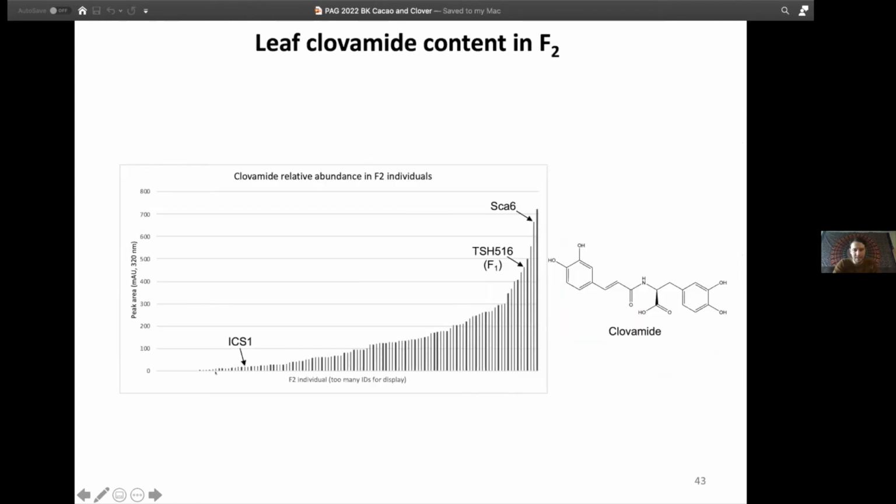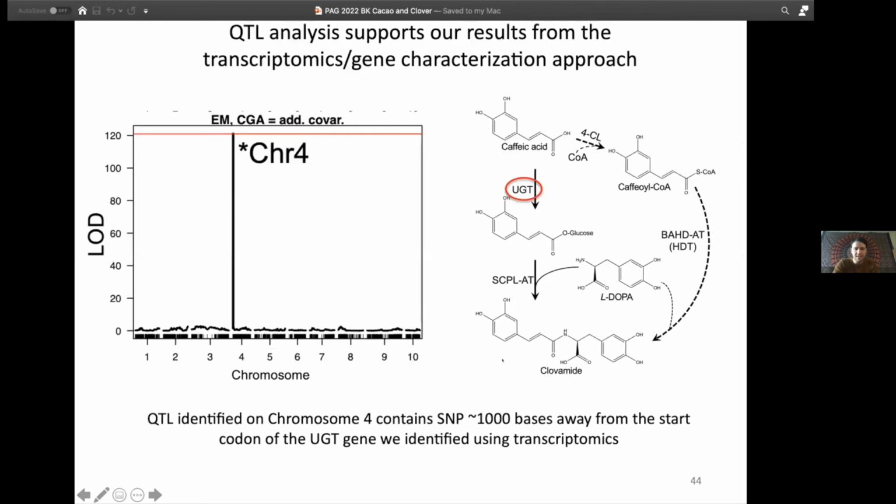And I did that. Here you can see the clovamide abundance in the F2 population, with the high accumulator parent, Scavina6, the low accumulator parent, ICS1, and here's the F1 parent, TSH516. When you do the QTL analysis, there is a very clear, strong signal on chromosome 4.